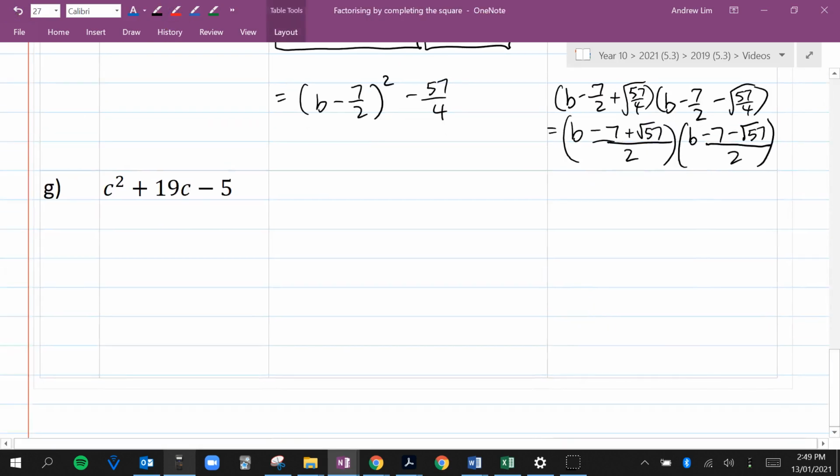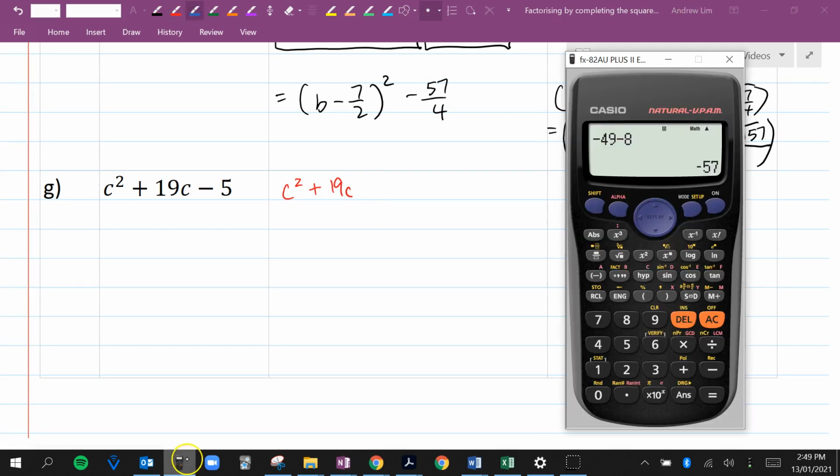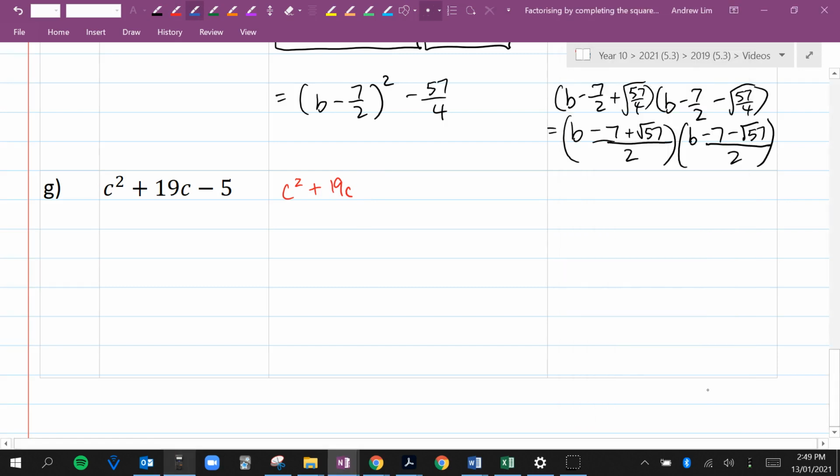Alright, and last one, we've got c squared plus 19c. When we halve 19, we get 19 on 2. So when we square 19 on 2, you get 361 on 4.